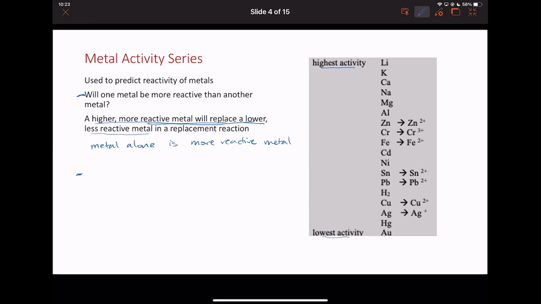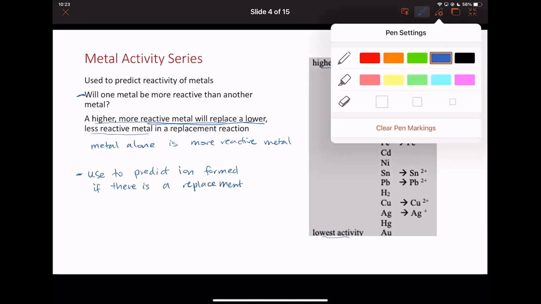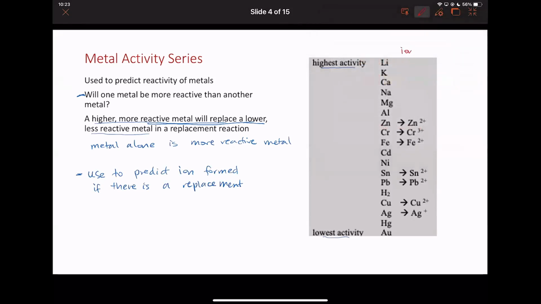You also need this to predict the ion that forms. So if you do predict there is going to be a replacement, you have this column. The other side of this column is equally as important, and this is the ion that is formed. The ions that are formed are indicated on this activity series only for some of the metals.